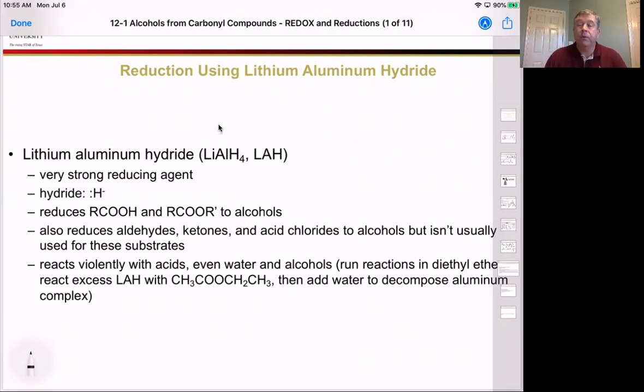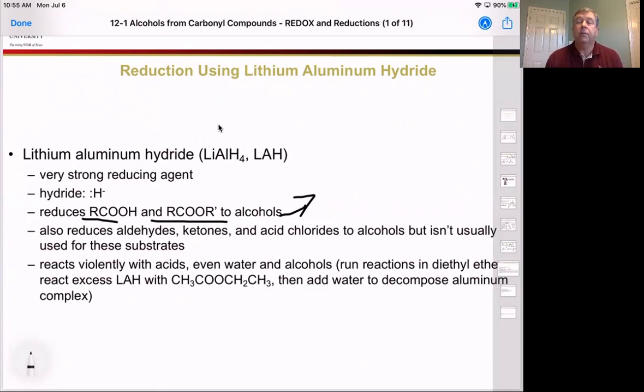Okay, so it has both electrons in that s orbital, and therefore it is a very strong reducing agent in the system. This was so strong that it'll reduce carboxylic acids and esters all the way down to alcohols. It will also reduce ketones, aldehydes, and acid chlorides. However, you typically don't use it on these because we have another reagent we use for those groups.